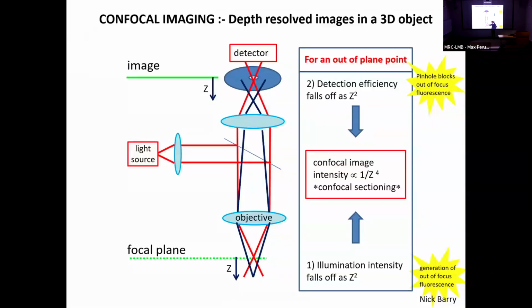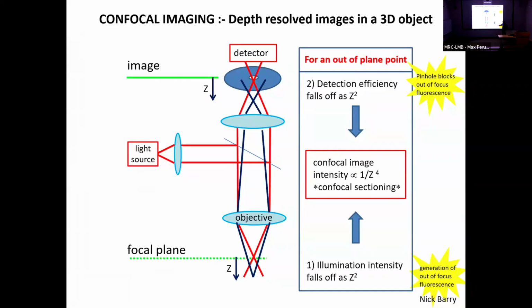So the background goes down very quickly. Likewise, up on the detector side, the detection efficiency falls off with z squared. So in combination, you've got this z to the 4 factor, which is why it's so good at rejecting out of focus fluorescence. So it's a massive increase in contrast due to these two effects.